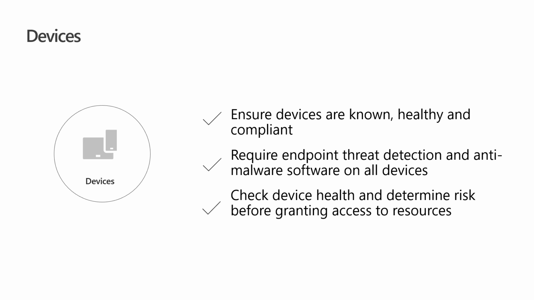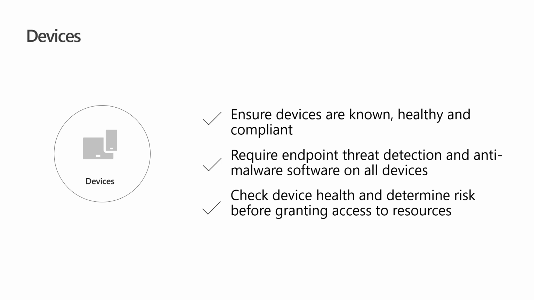So we've talked a little bit about the importance of ensuring device health and how we can use Intune to do that. Another piece that's really important is to make sure that all of the devices in the enterprise have some sort of endpoint threat detection or anti-malware software deployed on those as well. This is a pretty straightforward requirement, but it is equally as important.